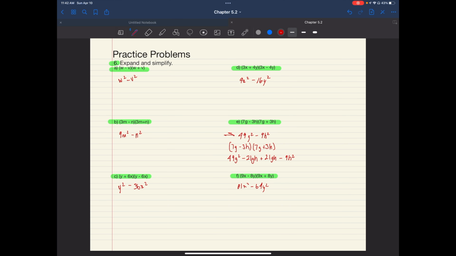Collect like terms. We end up here, and we'll do this one up here, d. 3x plus 4y times 3x minus 4y, 9x squared minus 12xy plus 12xy minus 16y squared. Collect like terms. We end up with that.